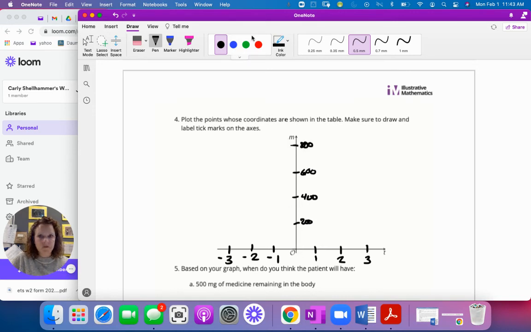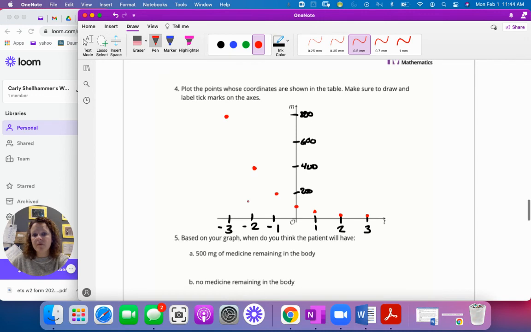Okay, at time equals 0, let me change colors. We are at 100. Time equals 1, we're at half that. About 50, about 25, we're pretty close to 0. -1, we're at 200. -2, we're at 400. -3, we're at 800. Okay?